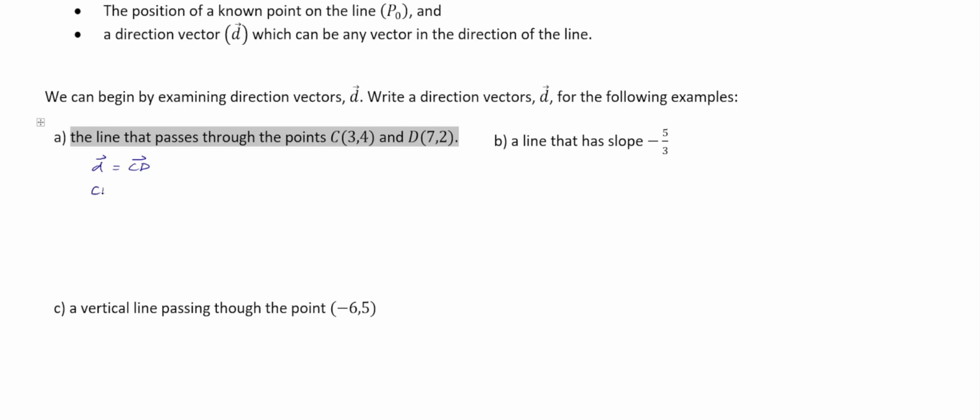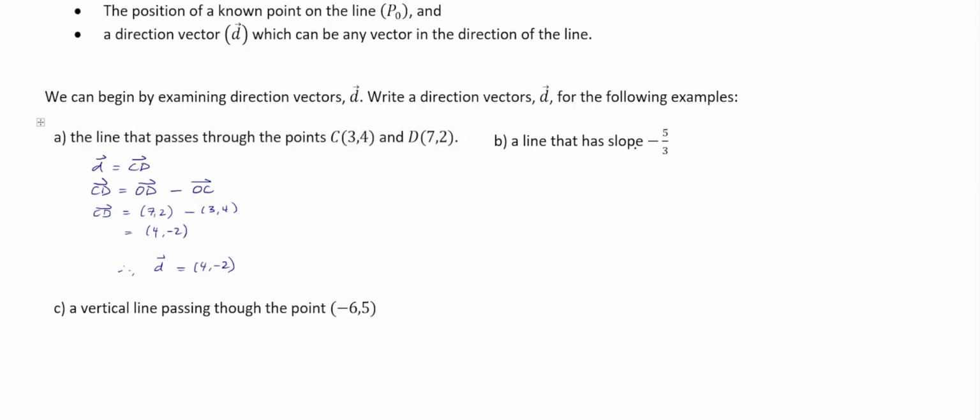CD is equal to the position vector from the origin to D minus the position vector from the origin to point C. So CD is equal to 7, 2 minus 3, 4, and we get 4, -2. Therefore the direction vector of this line is 4, -2. This will give us the direction the line heads in.